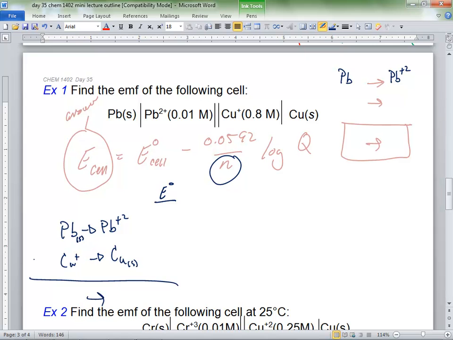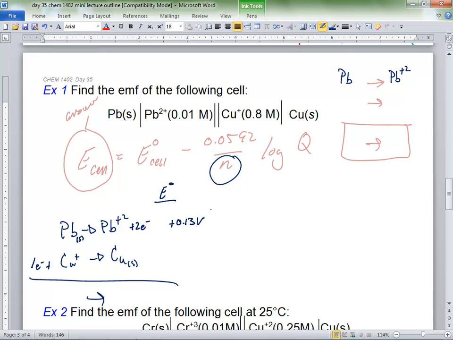On that table, is it 0.13 or negative 0.13 for the first one? Yeah. If you're writing a positive 0.13 for the first one, you're doing this right, for the lead, because you have to flip them.